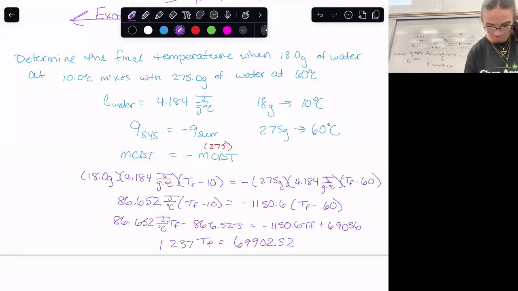One, two, three, four, five. So I got T final is equal to 56.5 degrees Celsius.